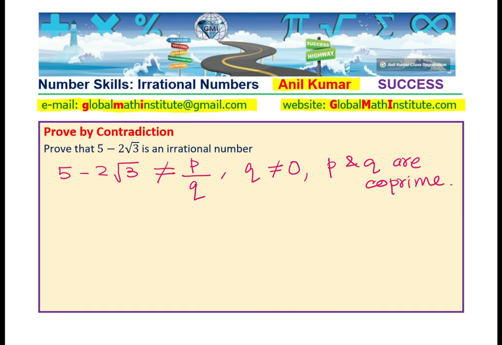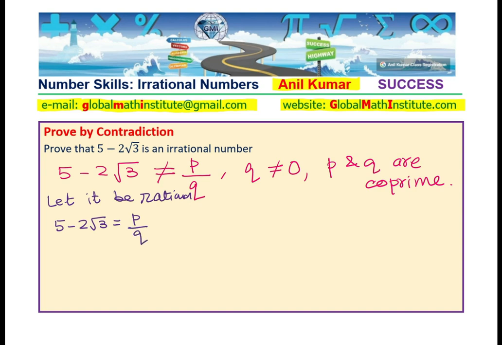A simple proof which I have adopted in this video is to prove by contradiction. In contradiction, what we do is we assume, let it be rational. That really means we are saying let 5 minus 2 square root 3 be equal to, let us say, p over q.